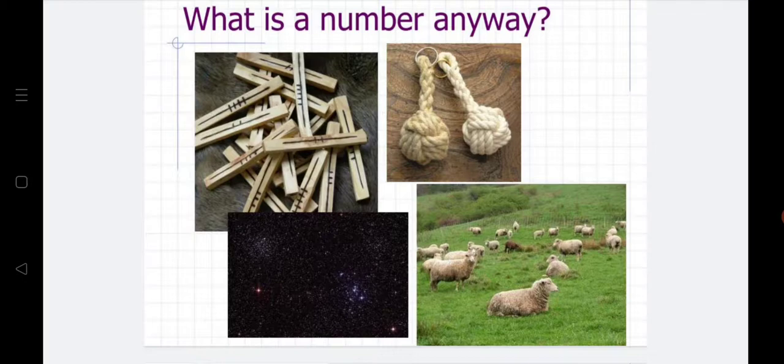In the fourth image you find sheep, which you can also count. But in the third image you find different stars in the sky. Is it possible to count them? How are we going to count them? It is like an infinite number. I cannot count it in a perfect way. So those types of things I can represent, and that will be shown in these representations.